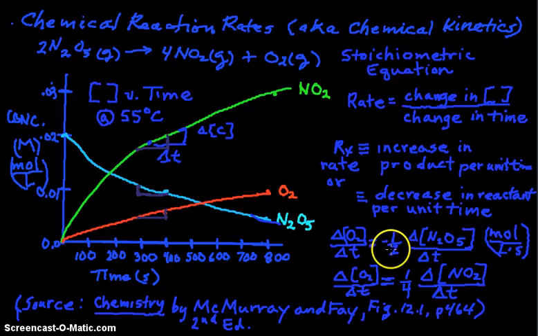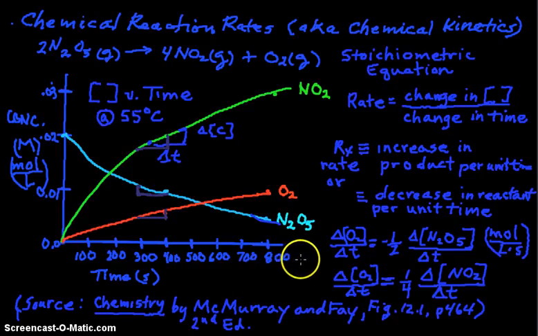So we needed to divide the rate of decomposition of the N2O5 by 2 to compensate. And then likewise, since there were 4 NO2 molecules forming and only one oxygen, we had to divide the rate of formation of NO2 by 4.